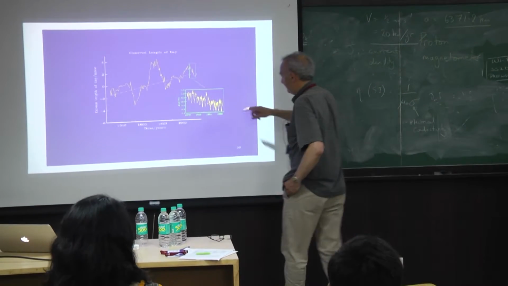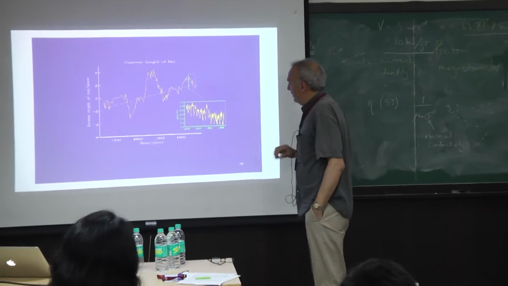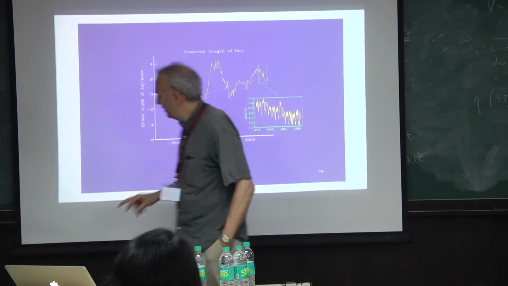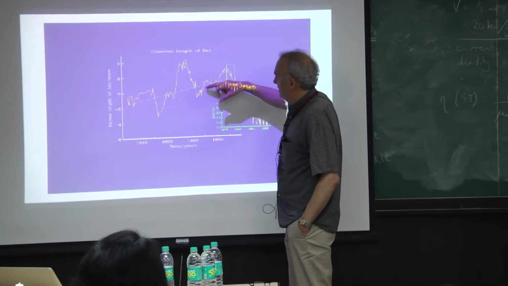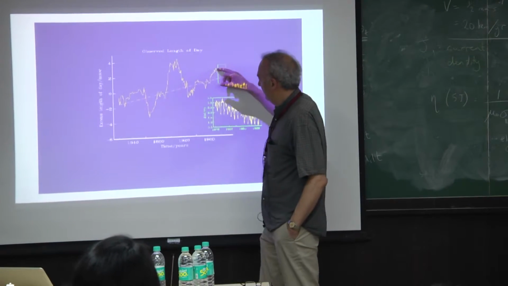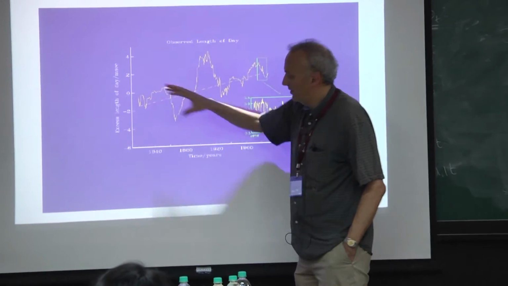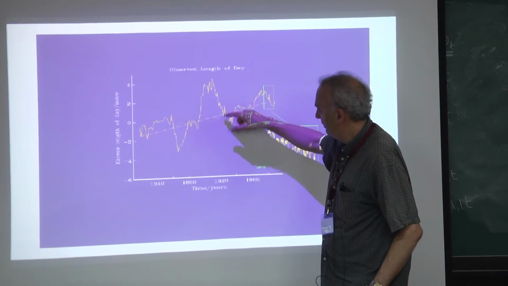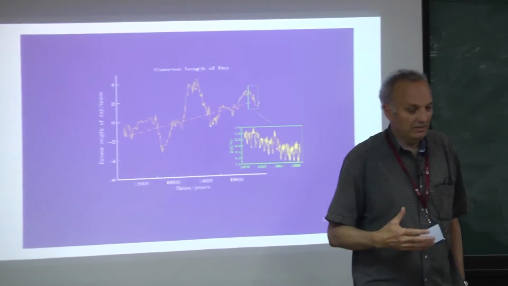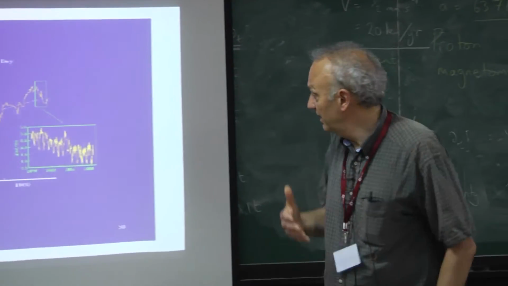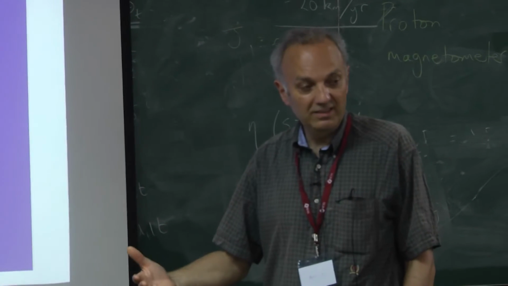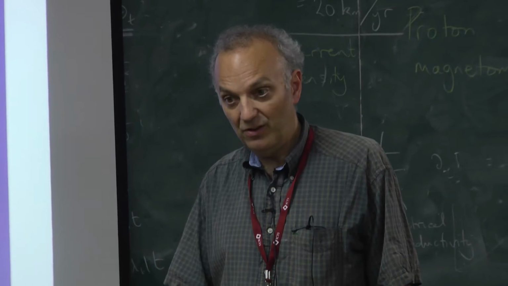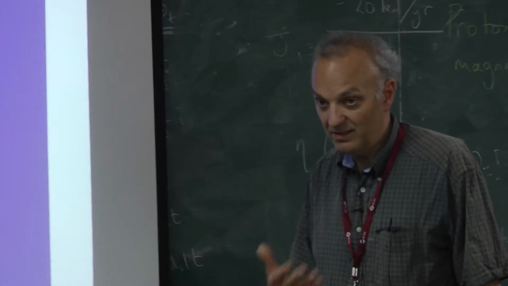Okay. So this is the line of argument that we're going to look at, because this variation in the length of day that you can see very accurately on decadal and a few decadal timescales must indicate that there is an exchange of angular momentum between the solid Earth and some other object, and that other object is thought to be the core, and in fact I'll show you the evidence that it is the core.